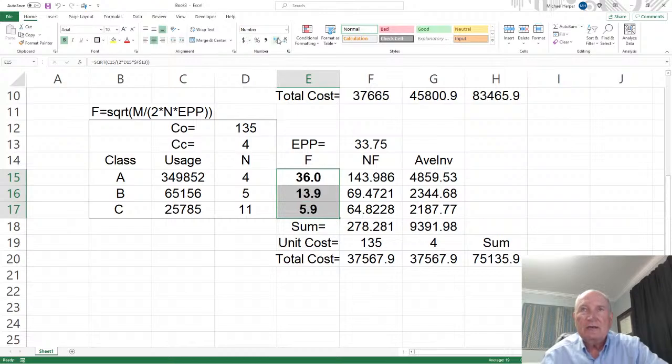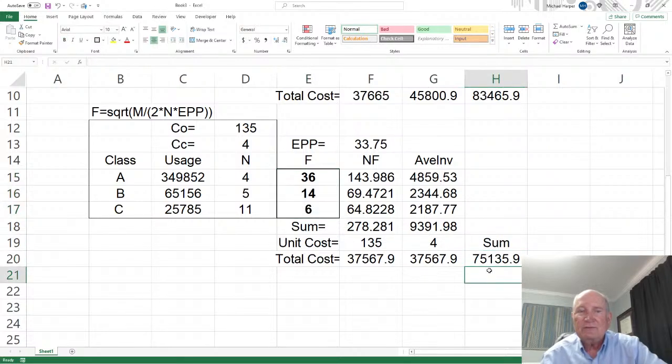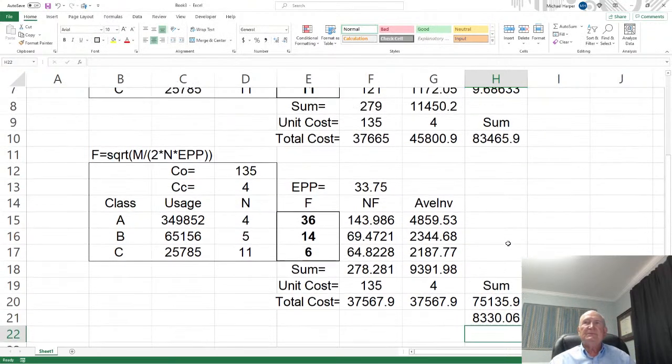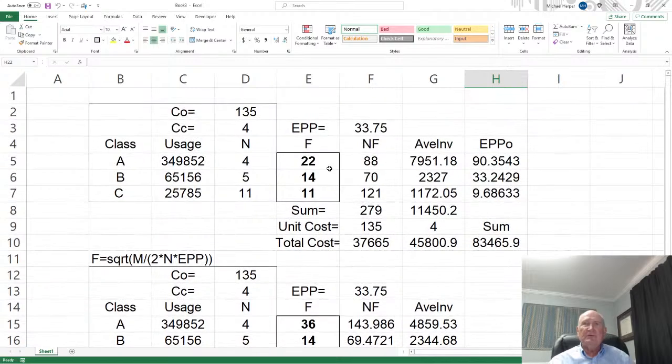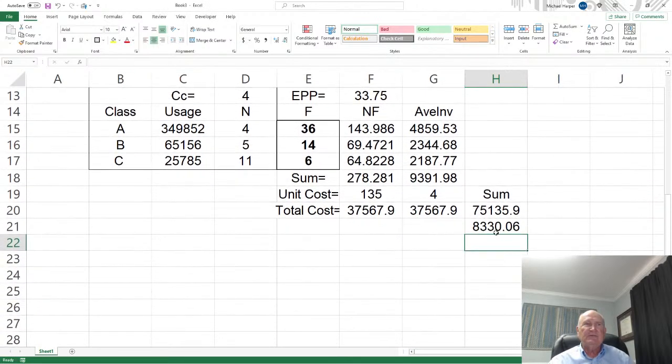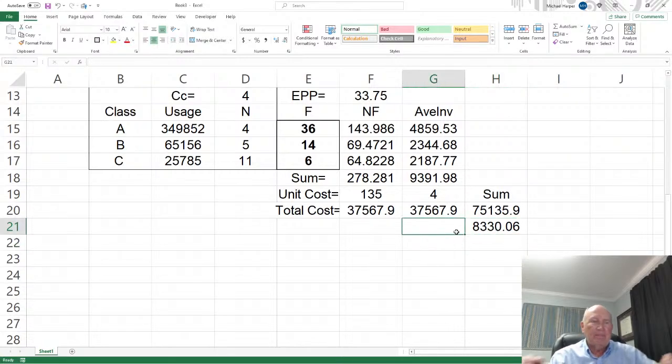That's going to be close enough. And there's how much savings there's going to be. We take this minus this, and that's how much savings there are for the optimal policy. From the 22, 14, 11 to the 36, 14, 6, we're saving that much money.